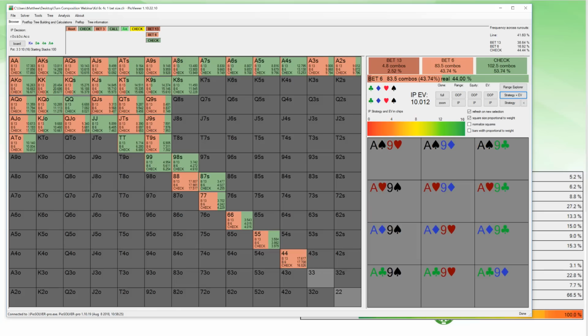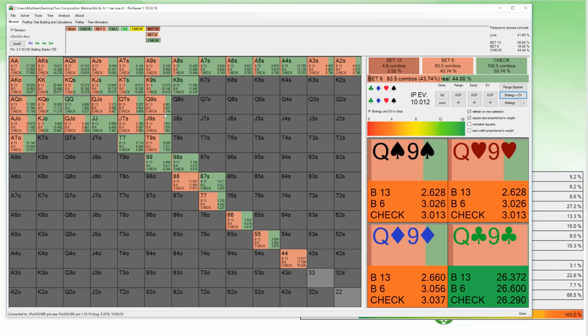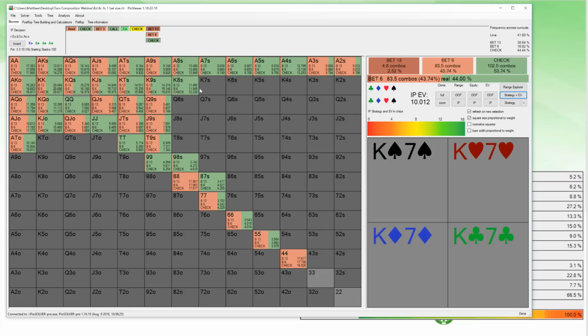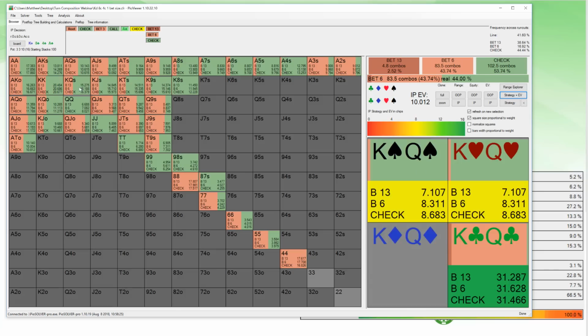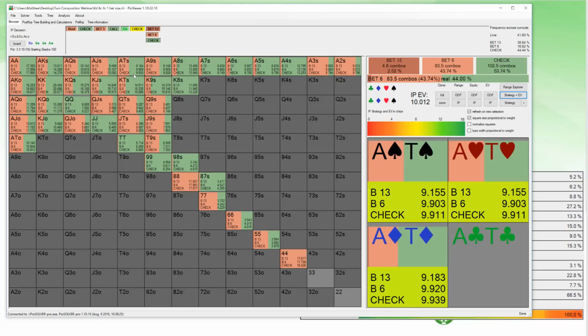What do you think the ratio of value to bluffs is? The reason is you're always going to have some more bluffs than you are calls. Here's a key concept: you're always going to be bluffing more than you're value betting on earlier streets. On the flop you're going to bluff the most.